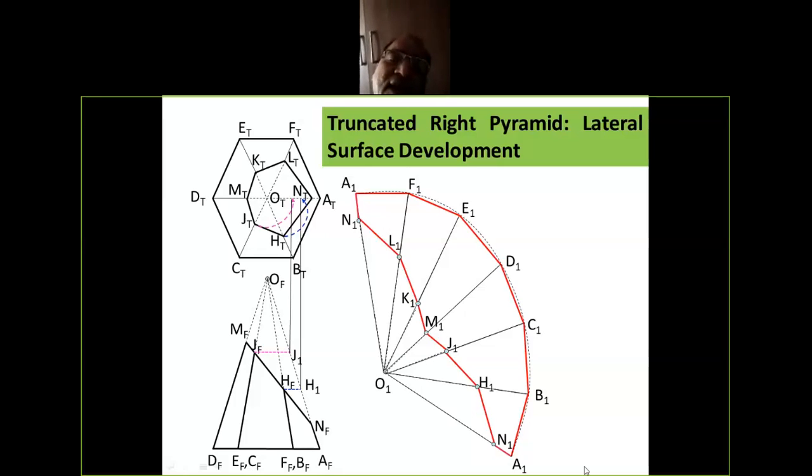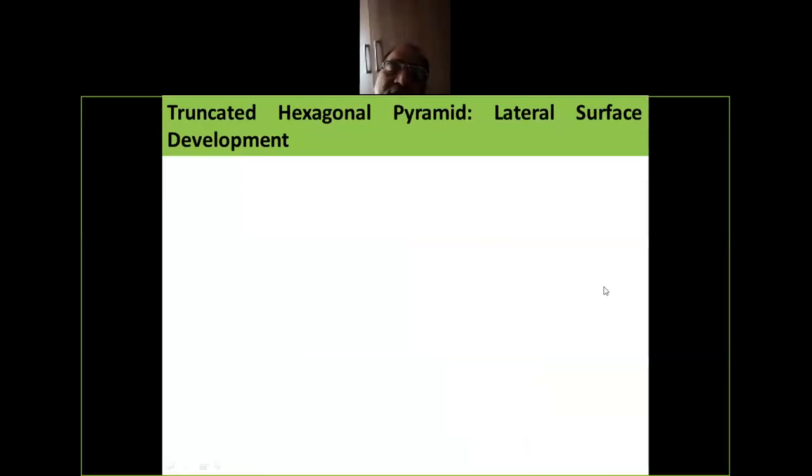That is the exact portion of the development of a truncated hexagonal right pyramid if it is cut by the provided measurement, that is cut by M1 N1. Whatever may be the measurement, either it is from the axis or from the one side or from the D1 N1 side, that way we can develop the pyramid.